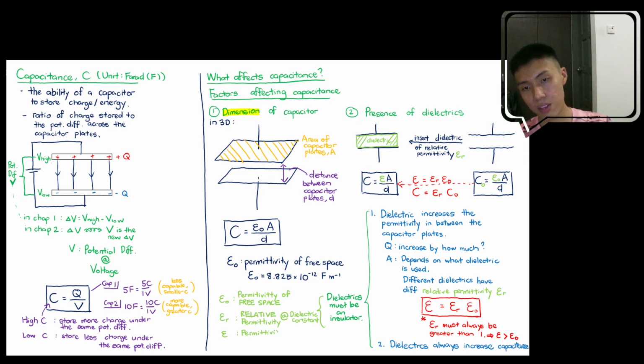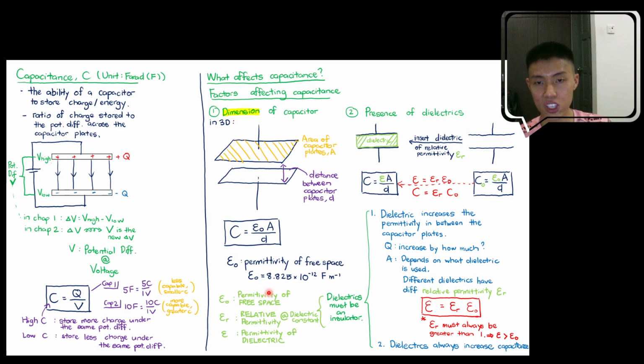So it's now the permittivity of the dielectric. If it's epsilon naught, there's nothing in between, so you use free space.